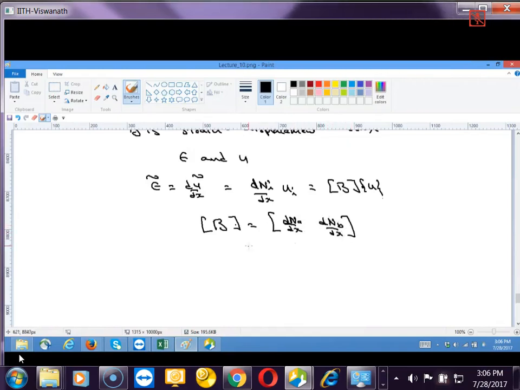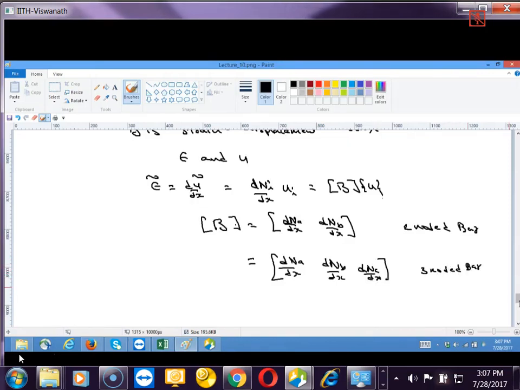This is for a two-noded bar. For a three-noded bar it would obviously be dNA by dx, dNB by dx, dNC by dx. I would ask you to go and review this definition yourself.